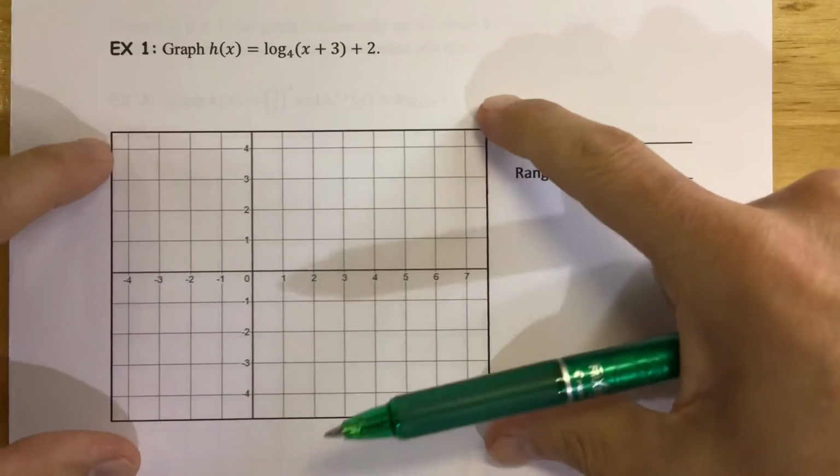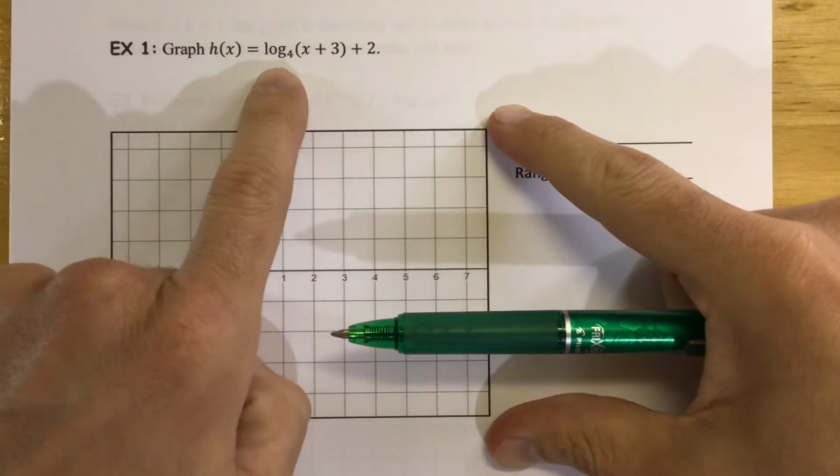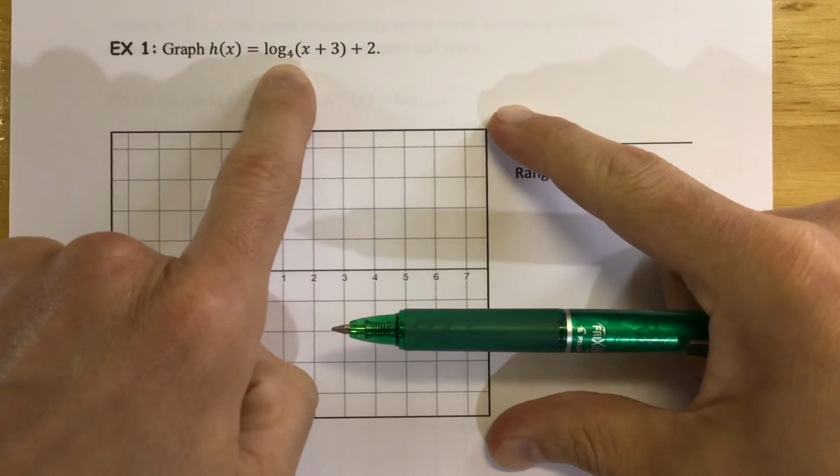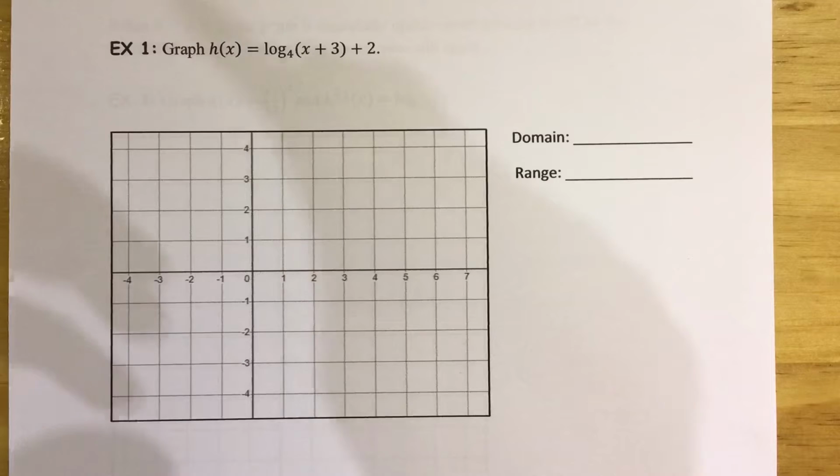All right, what I have is a blank grid. We are going to be graphing log base 4, and I'm going to be using some of the key points. But what I'm going to do is use the translation pieces to move, in a sense, the grid around. You've seen me do this with all the other functions preceding this one, so there's no reason not to apply the idea here.